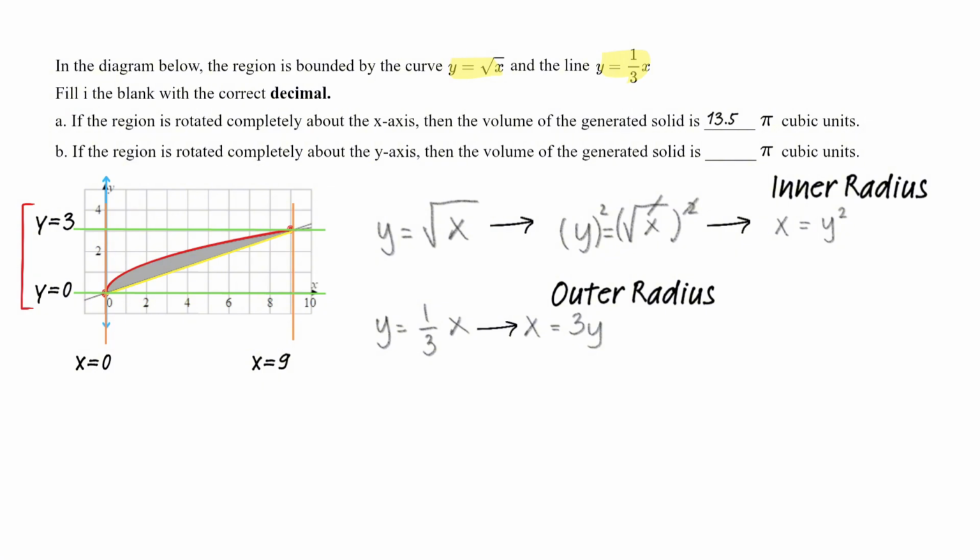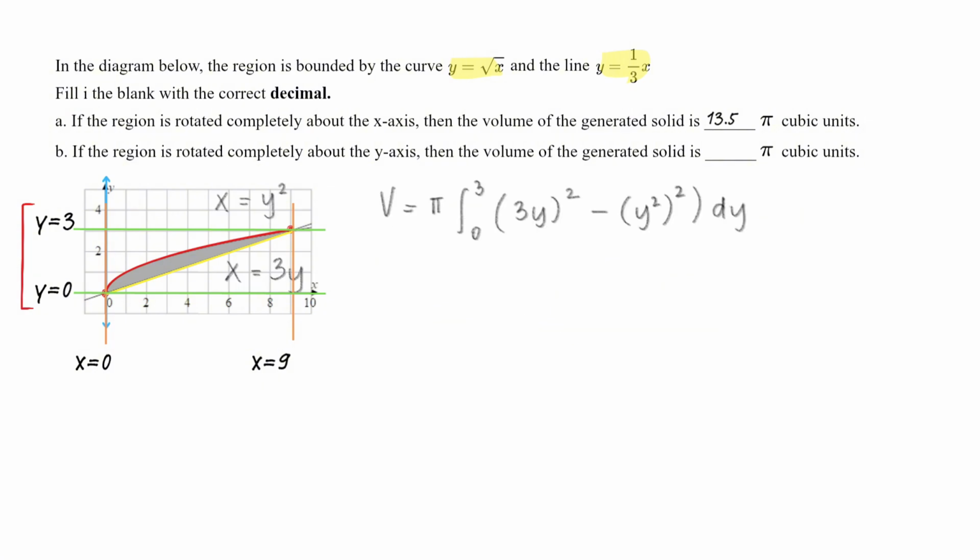Let's set up the integral. Volume equals pi times the integral from 0 to 3 of the quantity 3y, all squared, minus y squared, all squared, dy. Simplifying the integral we get volume equals pi times the integral from 0 to 3 of the quantity 9y squared minus y to the 4th power, dy.